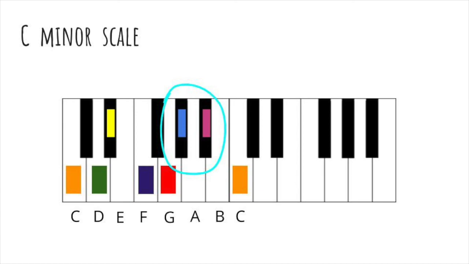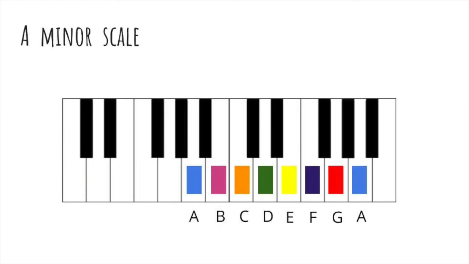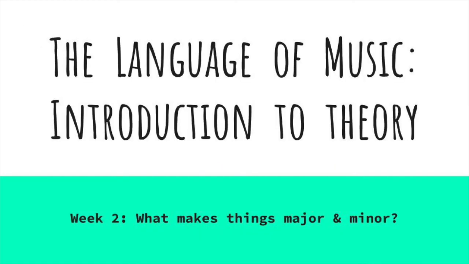And then we had a little look quickly at the major scale and its relative minor, which starts on the sixth degree of the scale. Hopefully that helps to unpack a few of these concepts to do with major and minor, and to make those ideas a little bit more accessible by seeing them as the patterns that they are, breaking them down into smaller steps.